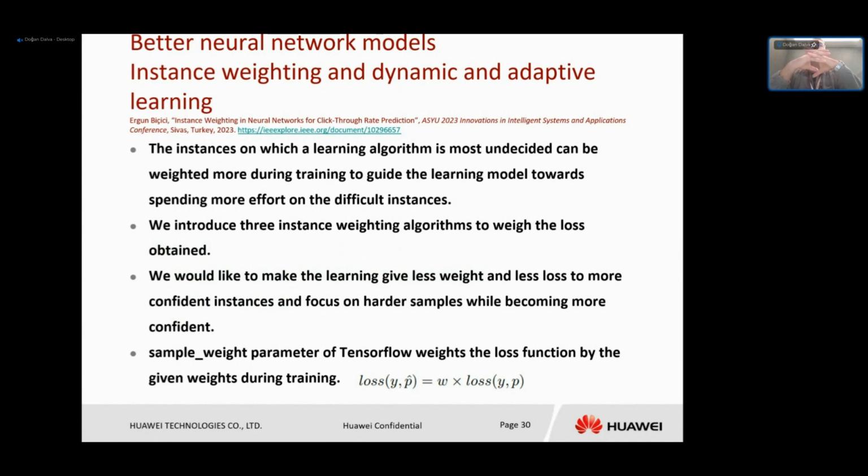To achieve this, we introduced 3 instance weighting algorithms to weight the loss obtained. We adjust the loss with a weighting parameter, so that the learning gives less weight and less loss to more confident instances, and focuses on harder samples while becoming more confident. So it gives more weight to harder instances.